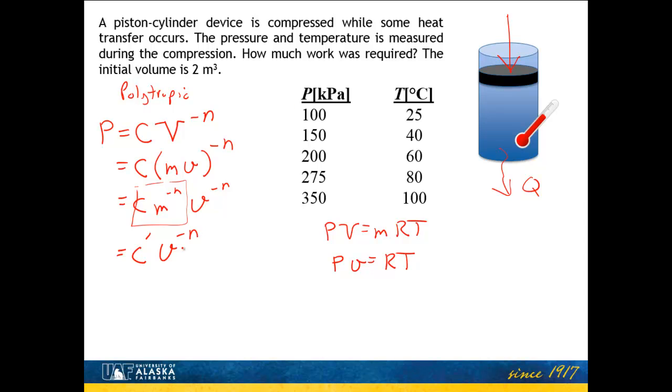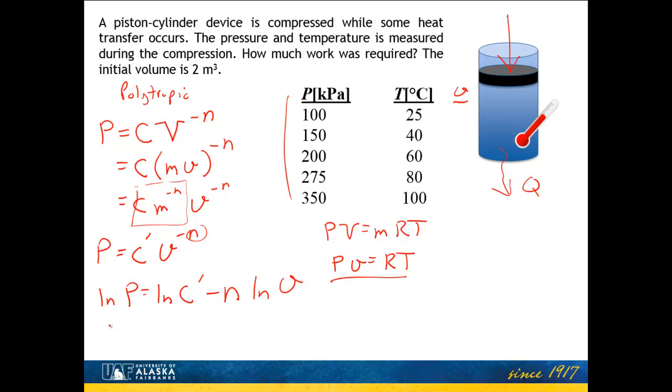So how am I going to, given values of P and T, get n? Well, I'm going to solve for v using this equation here, and then use this equation here to find out what n is. If I take the log of both sides of P equals C prime v to the minus n, I would have natural log of P equal to the natural log of C prime minus n times the natural log of v.